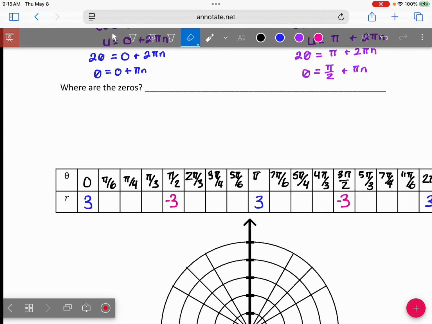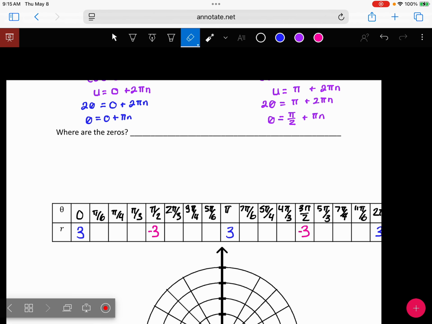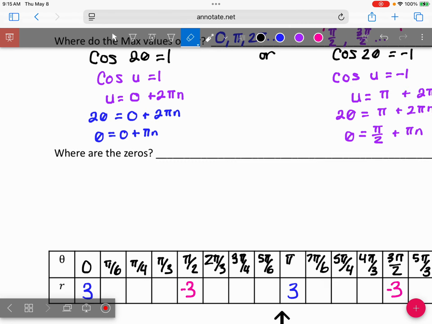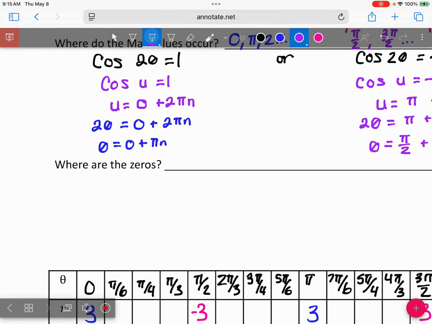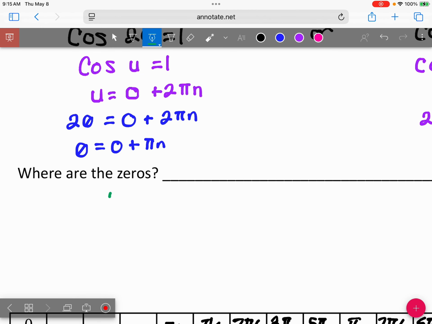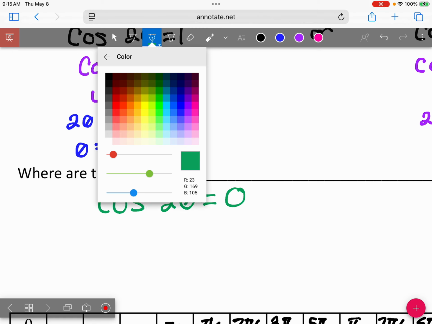So then let's look at our zeros, because that's going to fill in a bunch of other places in here. We're going to do that same kind of thing. We're going to look at our cosine of 2 theta, and we want to know when that equals 0. And again, you can approach this the exact same way with that u substitution.